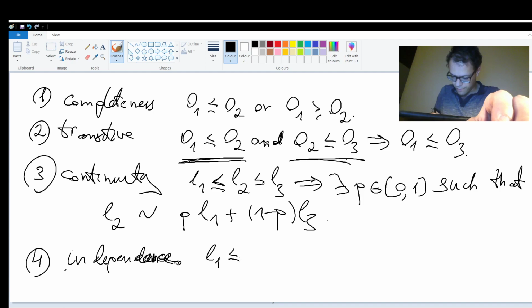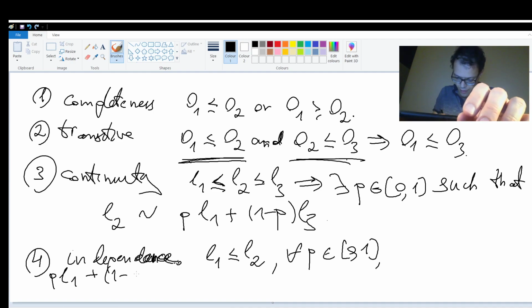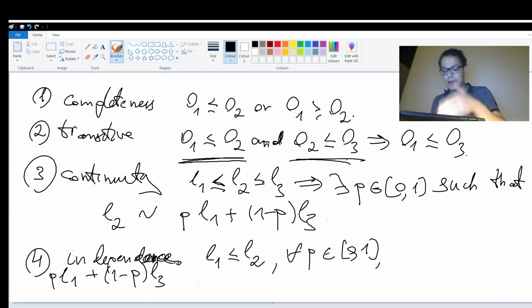If L1 is less preferred than L2, then for each P between 0 and 1, if we combine L1 with some other option L3, with P and 1 minus P, so instead of saying, okay, you just get this $100, you also say that you get it with some probability, and with another probability you go to jail.